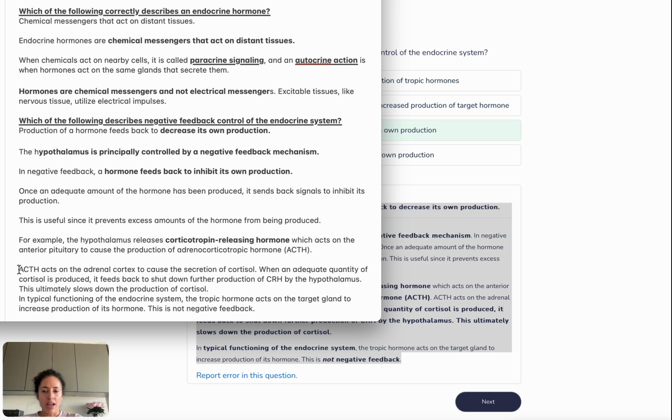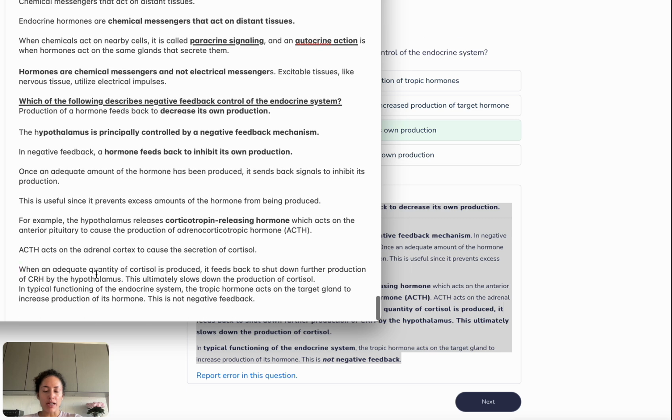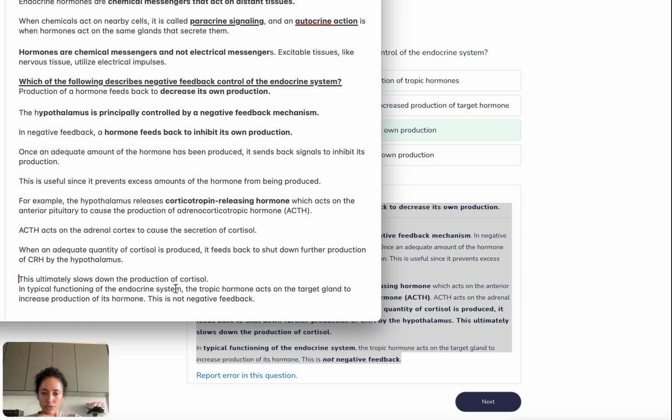ACTH acts on the adrenal cortex to cause the secretion of cortisol. When an adequate quantity of cortisol is produced, it feeds back to shut down further production of CRH by the hypothalamus. This ultimately slows the production of cortisol.